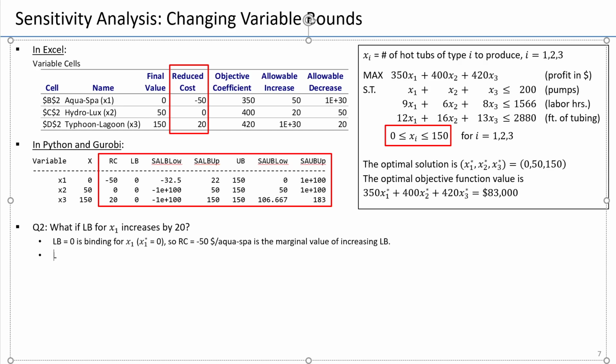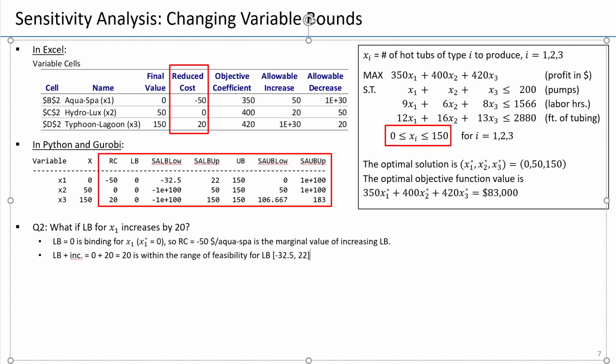And now we want to see, is this change, the increase, right? It was 0, and we increased it by 20. It is 20. Is it within the range of feasibility for this variable, now for the lower bound, right? So the range of feasibility for LB is minus 32.5 to 22, right? So it is below 22.